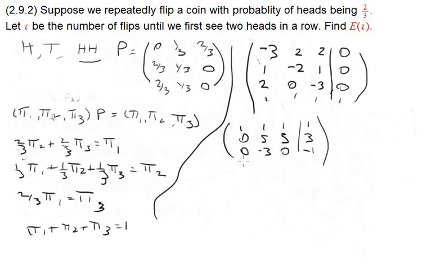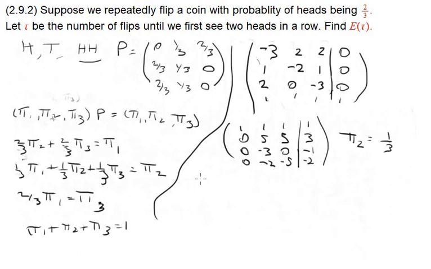And this minus 2 times this, 0, minus 2, minus 5, minus 2. But the information which is useful is this, so you've got pi2 is equal to 1/3.